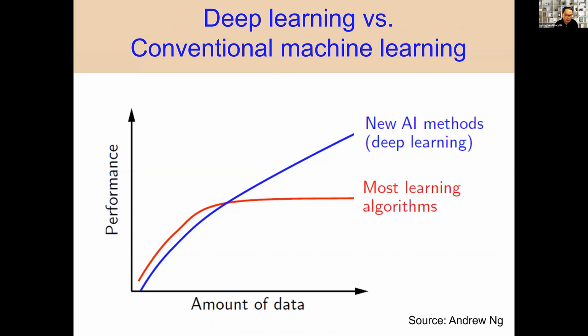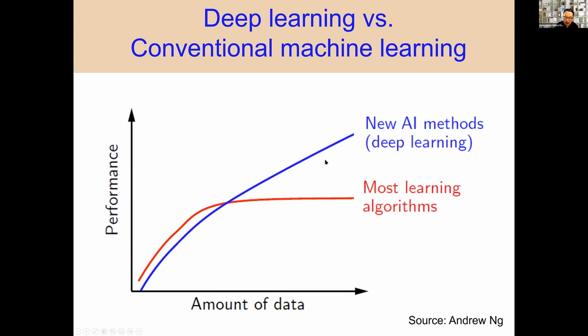So this is what I obtained from my studying. I found out that as long as we have sufficient data, the performance of these deep learning based models is often much better than conventional machine learning algorithms.